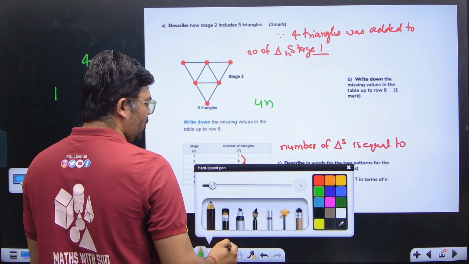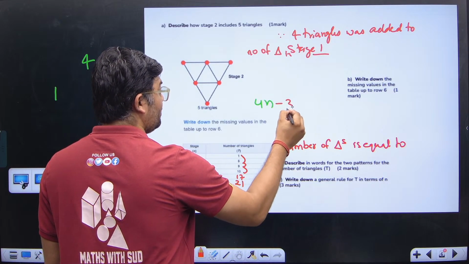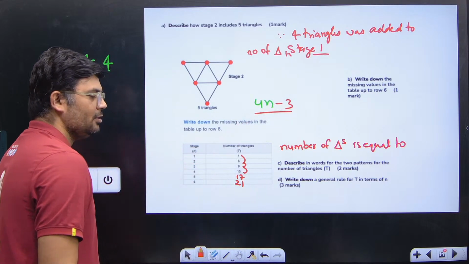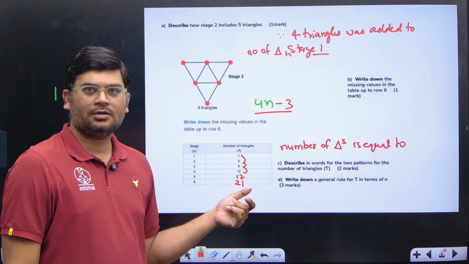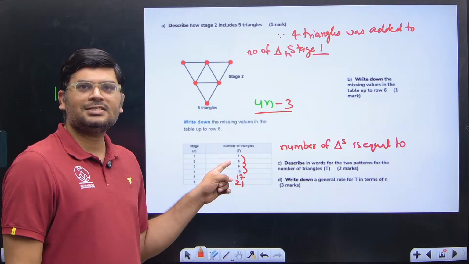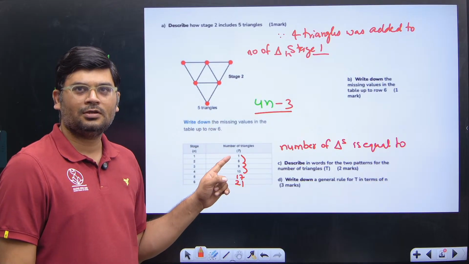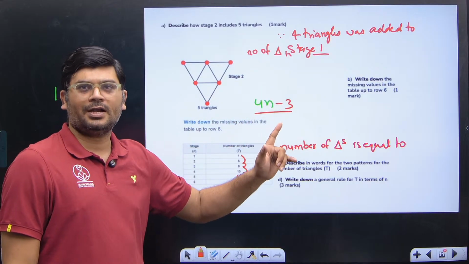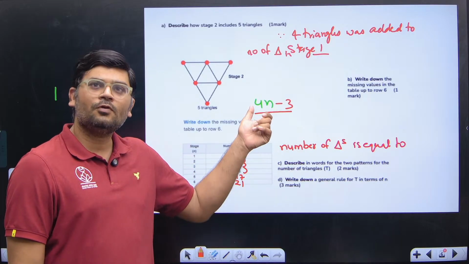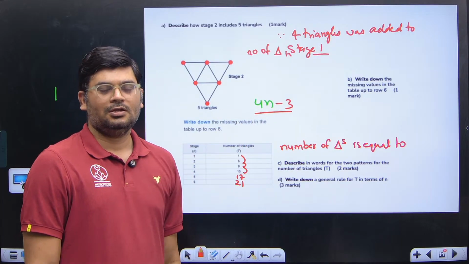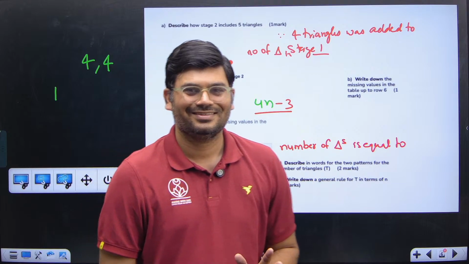So if you want to make 4n minus 3, beta, you are subtracting. 4 plus 3 is 7 actually. The first triangle has not 7, beta. It has got 1 only. So 4 minus 3 is 1. How will you reach from 4 to 1? By subtracting 3. So it is 4n minus 3. Are you getting it? Yes, sir.